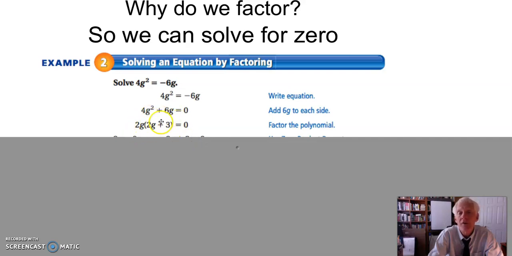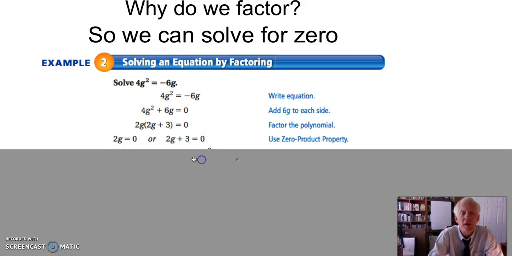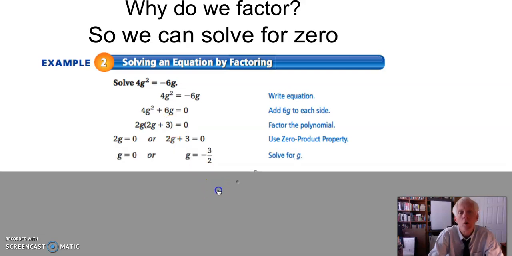Since these are in factored form, if either one of those factors equals 0, we have an answer. In this case, 2g can be 0, or 2g plus 3 could be 0. And those are your two possible answers. So as we factor quadratics, you can have more than one answer. It's where the graph, the parabola, crosses the x-axis.